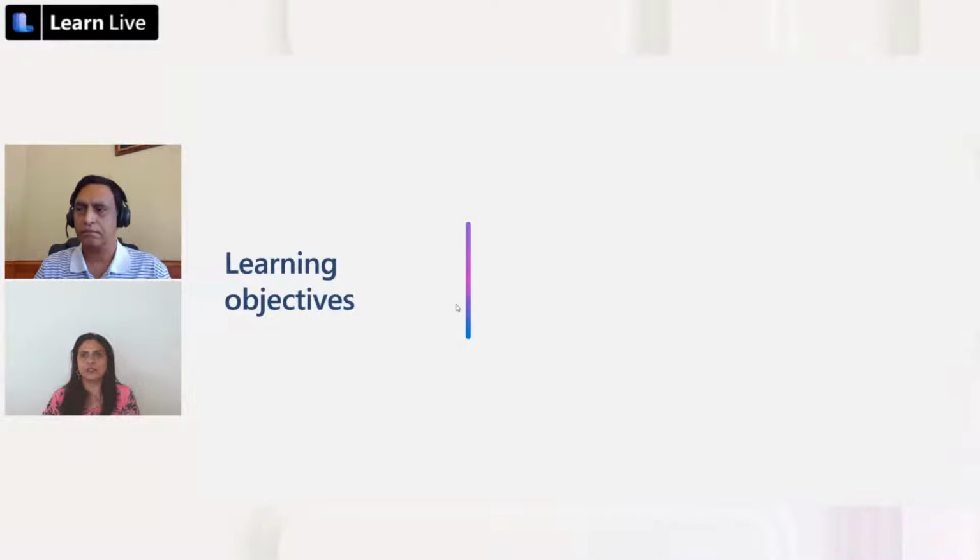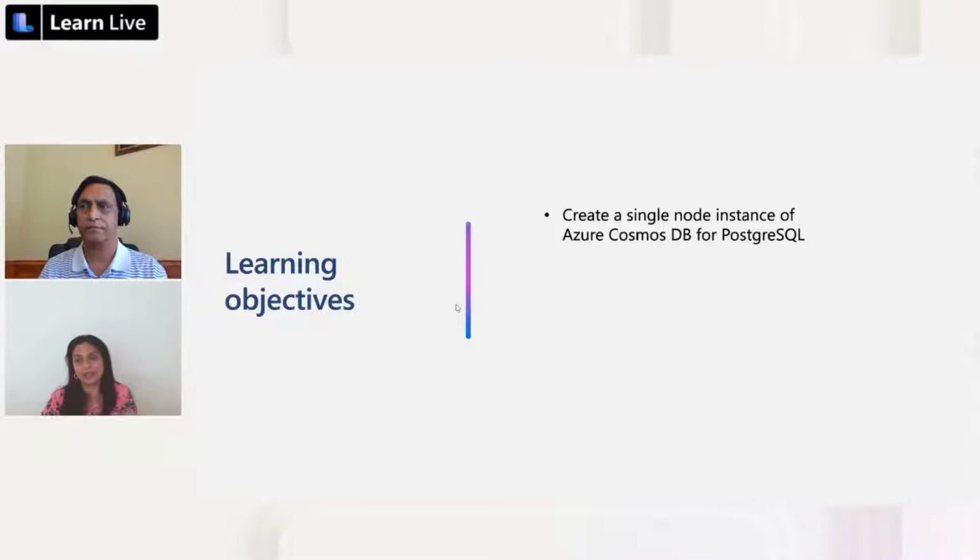In this session, the learning modules are: first, you'll understand what a single node is, why and when you need one, and how to create a single node in Azure Cosmos DB for PostgreSQL. You'll also learn the differences between single node and multiple nodes, especially in terms of architecture and schema.